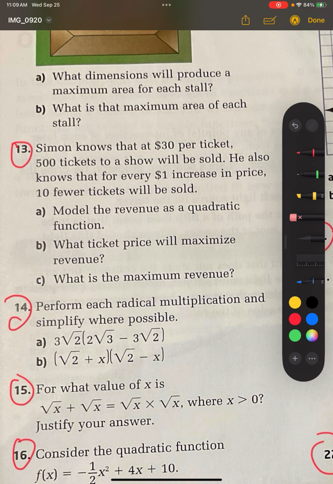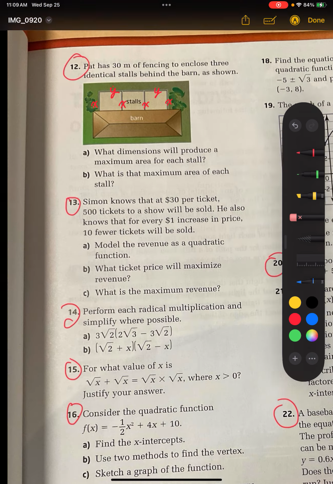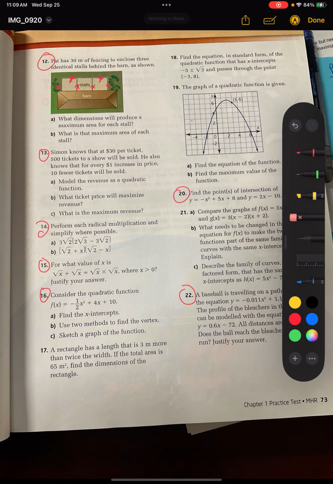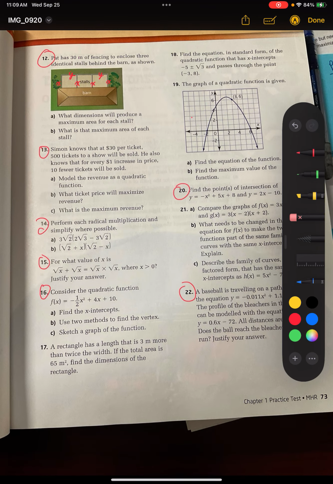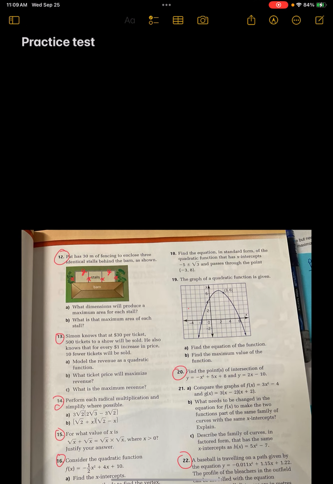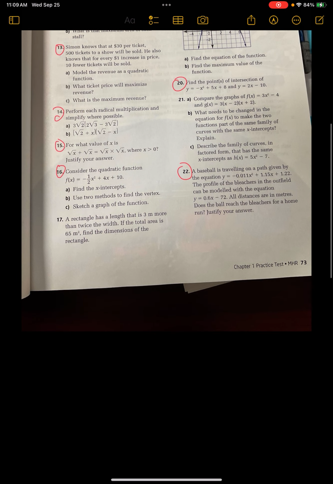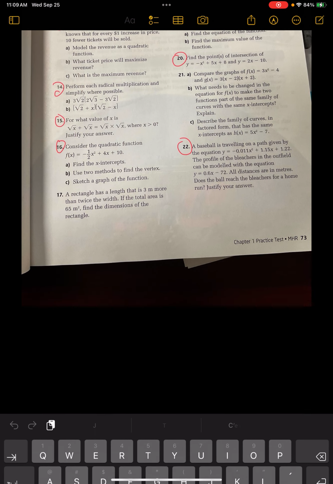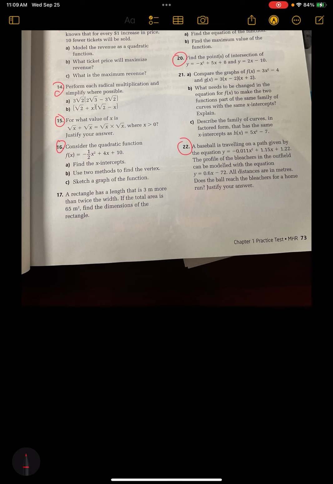So when we have a price of $30, let's not do revenue first.